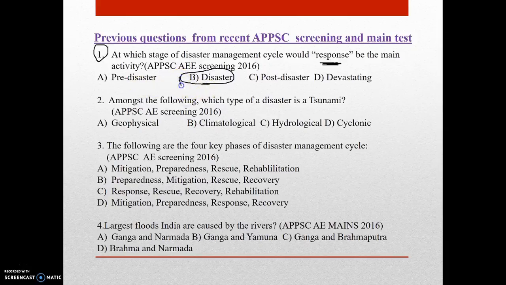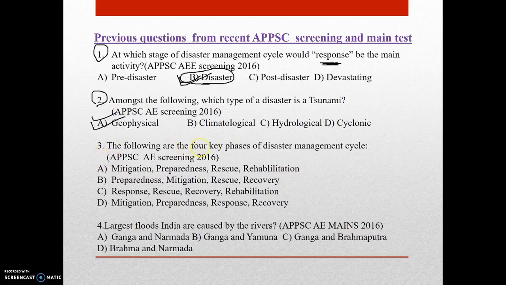So the answer is B. And the second one: which type of disaster is a tsunami? Tsunami is a geological or geophysical disaster. So one should be the answer.